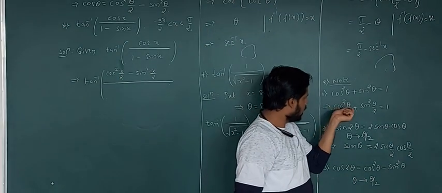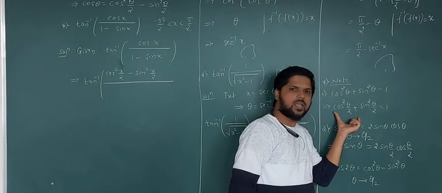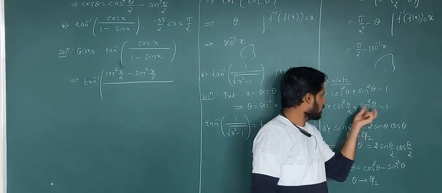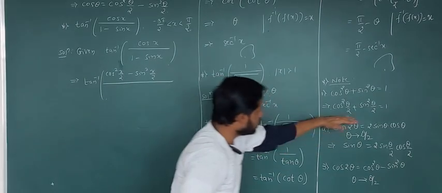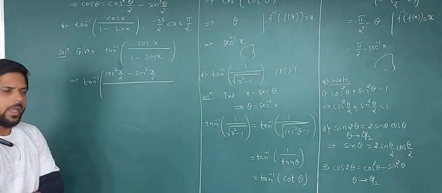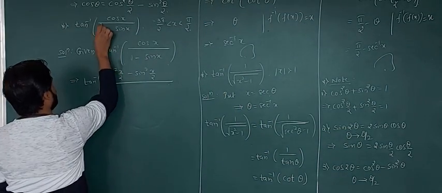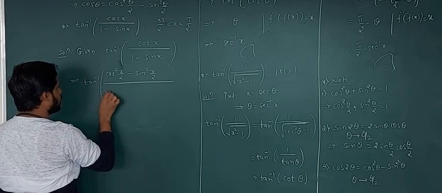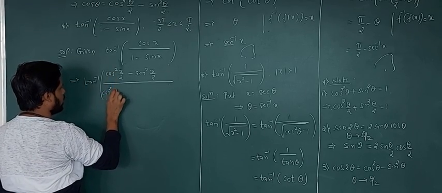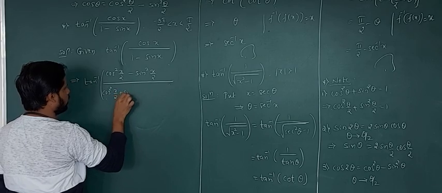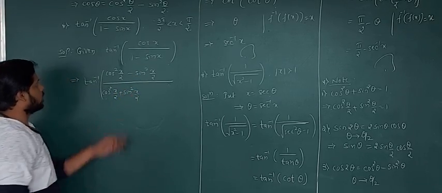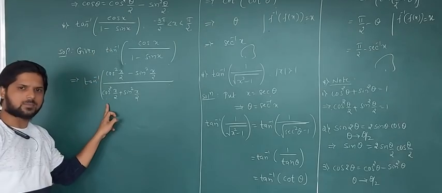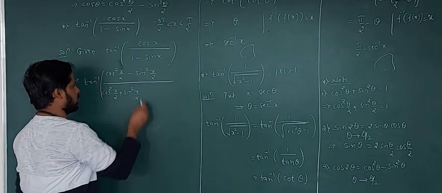So here also I am going to use the second formula of the first identity, that is cos square theta by 2 plus sin square theta by 2 equal to 1. In place of theta we have x, so this 1 becomes cos square x by 2 plus sin square x by 2.